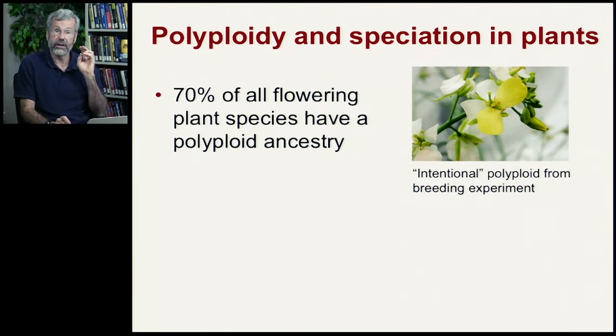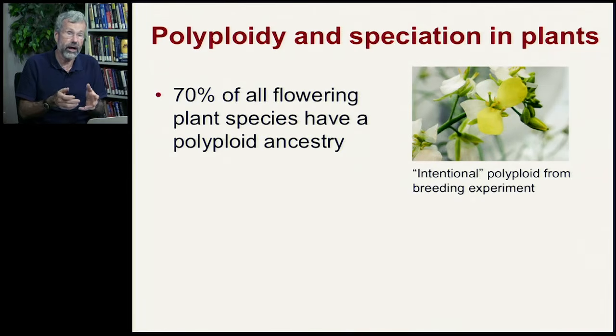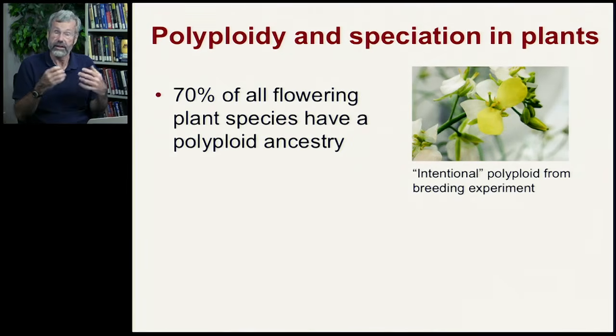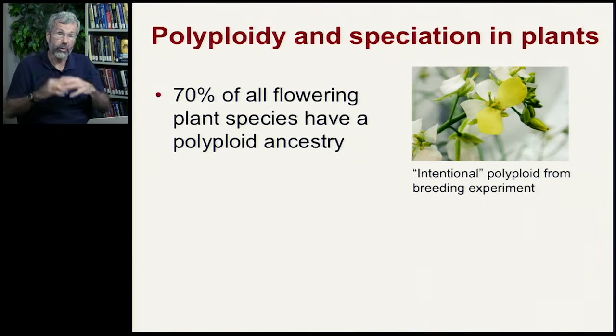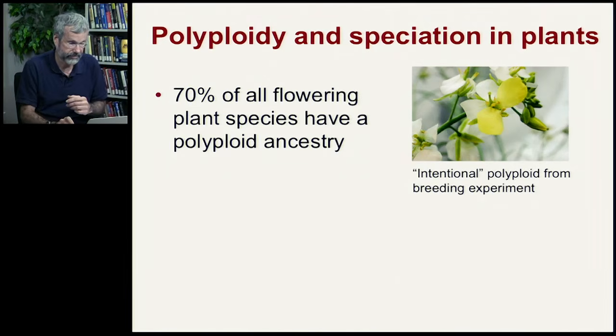So this is something that you can actually do in the lab. There are some botanists, plant scientists, in breeding plants deliberately will play around with polyploidy, and it's something that we know can happen, that every now and then you get this change from diploid to polyploid, and then you get the origins of a whole new species.